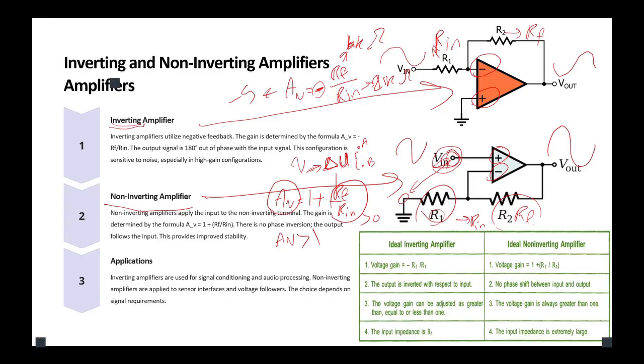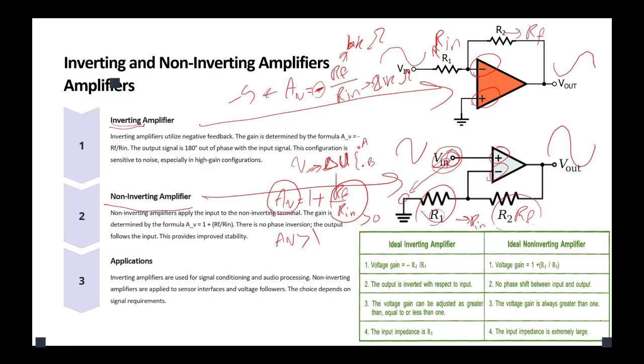Now, a non-inverting amplifier is normally used to buffer the signal, which means giving the signal strength without changing its value. It can be used to interface with sensors that output weak voltages, or to build voltage followers.